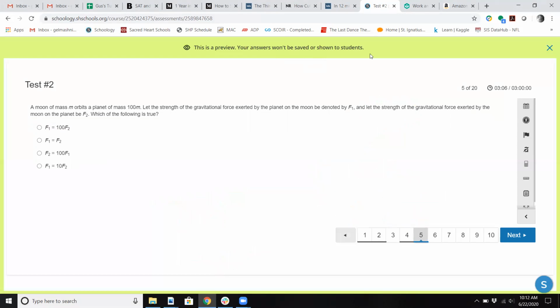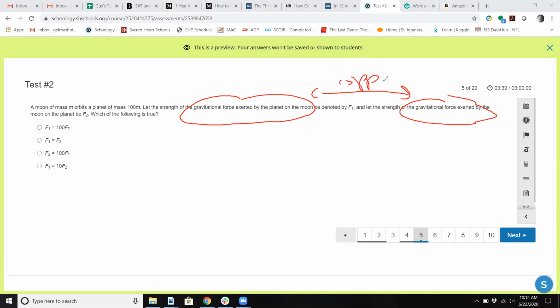Moving right along. You have two objects of two different masses, and let their forces be F1 and F2. Let the strength of gravitational force exerted by the planet on the moon be F1, and the strength of gravitational force exerted by the moon on the planet be F2. So that's basically the opposite force, right? Well, here's the thing.